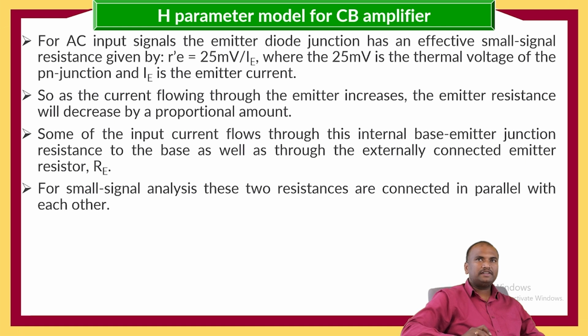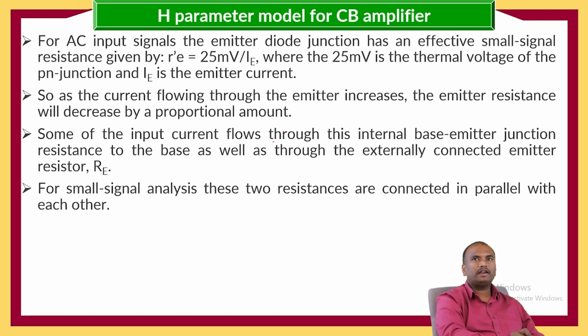Now, for AC input signals, the emitter diode junction has an effective small signal resistance Re dash, that is equal to 25 millivolts by IE, where 25 millivolts is the thermal voltage of the PN junction and IE is the emitter current. So as the current flowing through the emitter increases, the emitter resistance will decrease by a proportional amount.